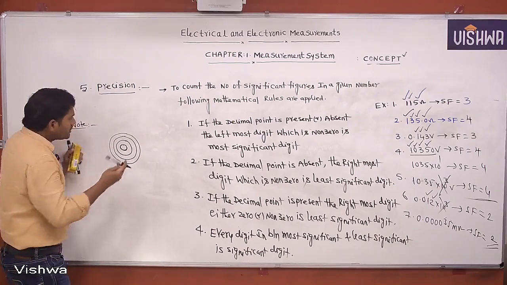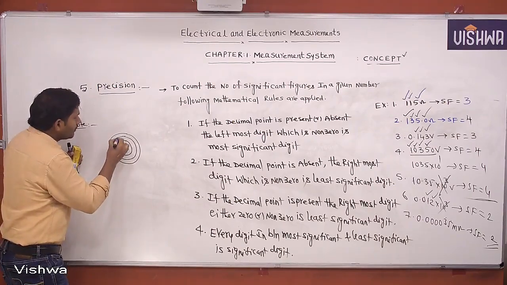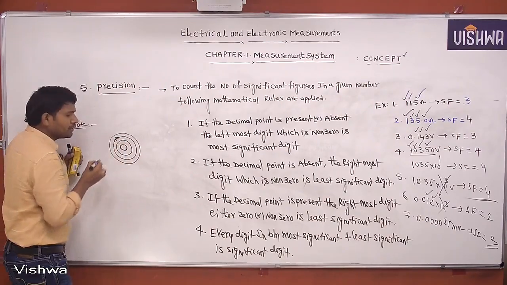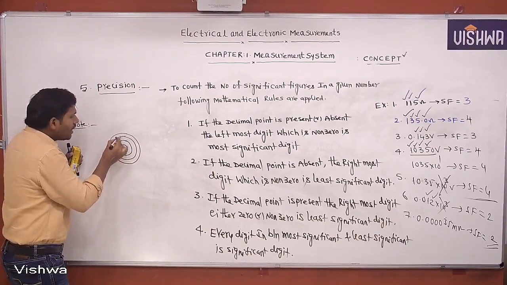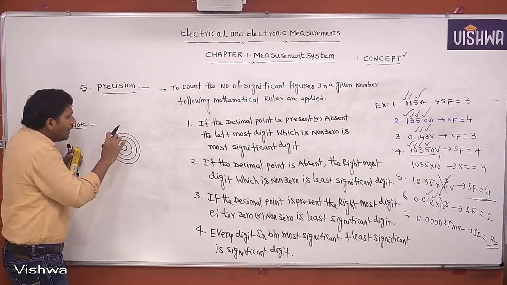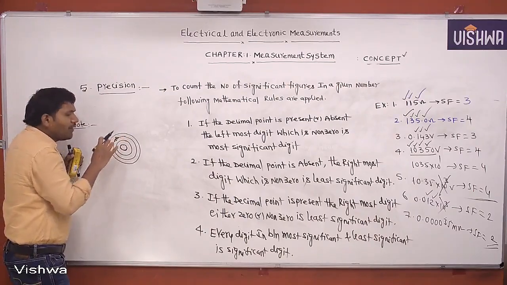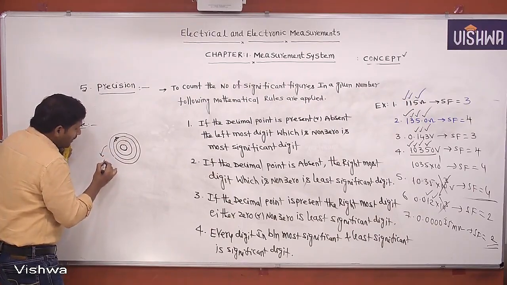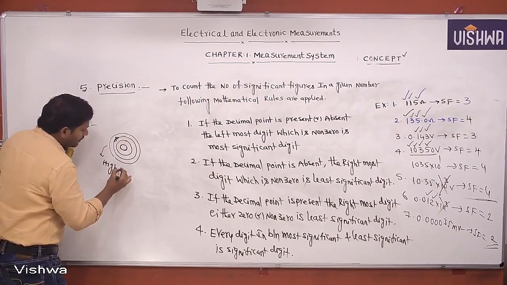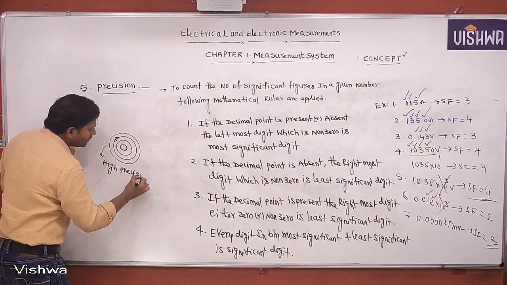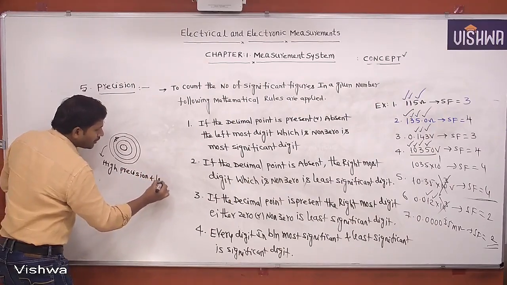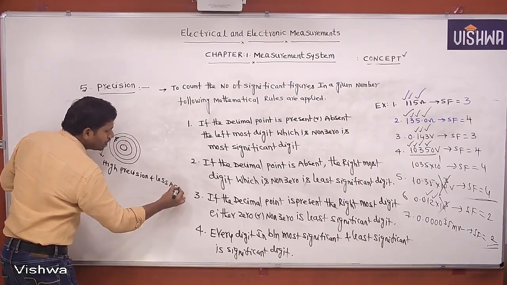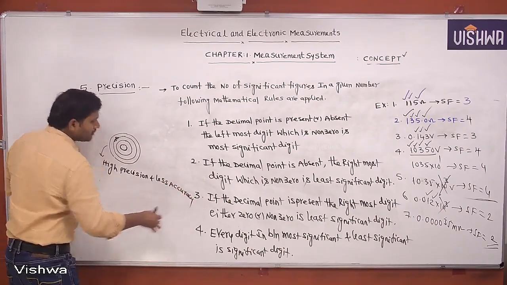If these dots are here like this, these are the measured values. Let us assume that these are very close. Then these dots are away from the central value now. That's why it is high precision, less accuracy. You take it as high precision, less accuracy. By using the dots method also, we can define the accuracy.